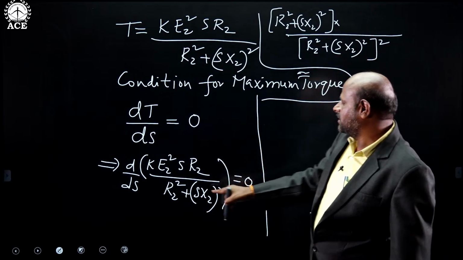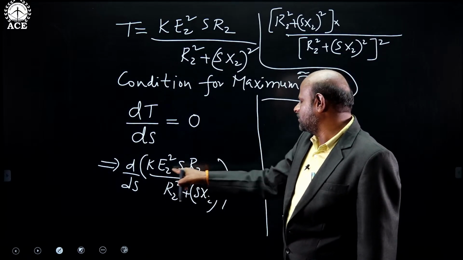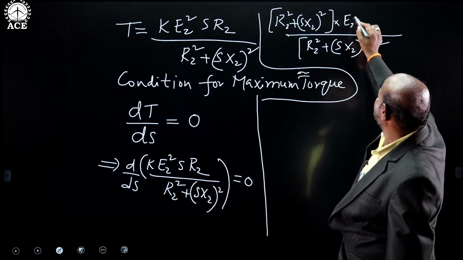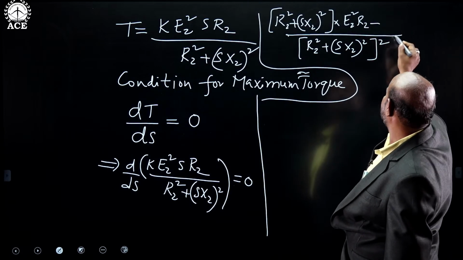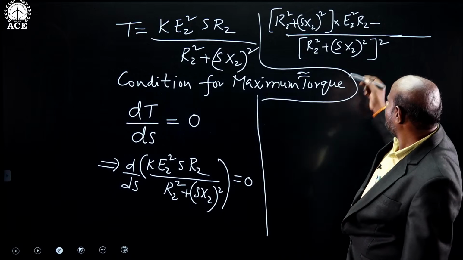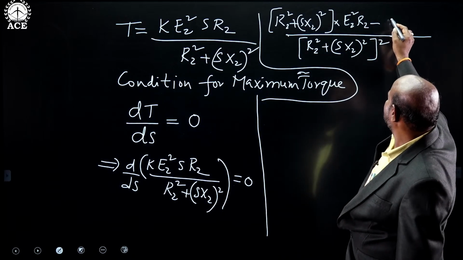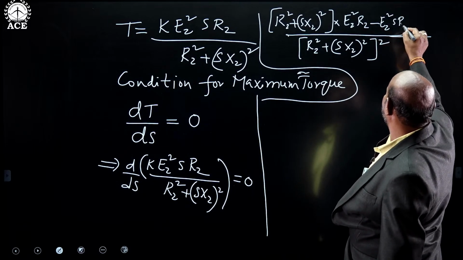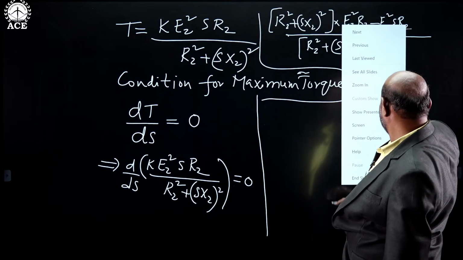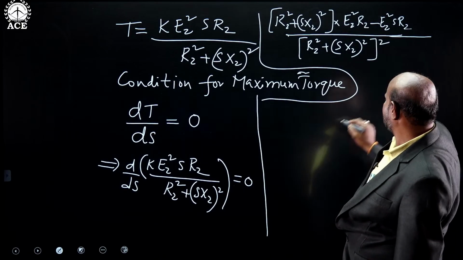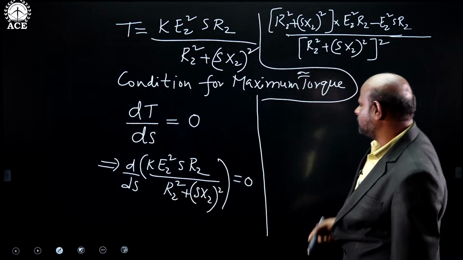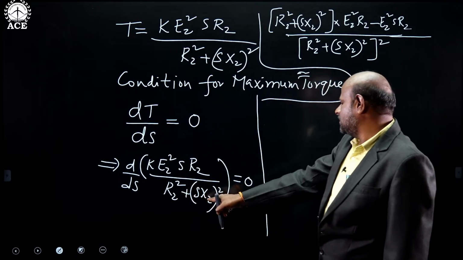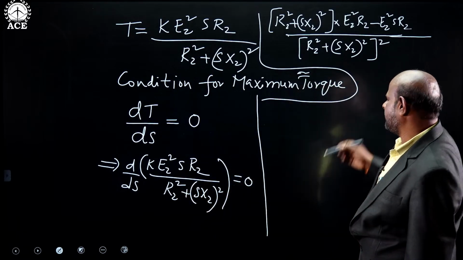So the next variable term is the differentiation of this term. Differentiation of S is 1. So simply E2 square R2, minus the next term, this term into E2 square S R2 into the differentiation of the denominator term. R2 square is anyway constant, then the differentiation of (S X2) whole square.